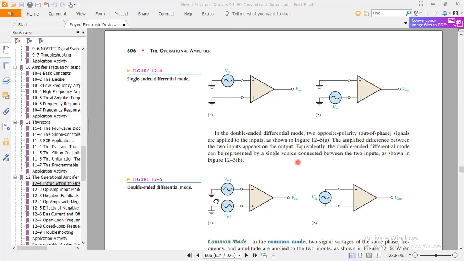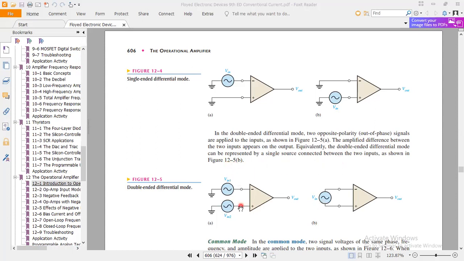As you can see, these are the double-ended differential modes, and these are the single-ended differential modes. Now, the amplified difference between the two inputs appears at the output. Equivalently, the double-ended differential mode can be represented by a single source connected between the two inputs, as shown in figure 12-5d.